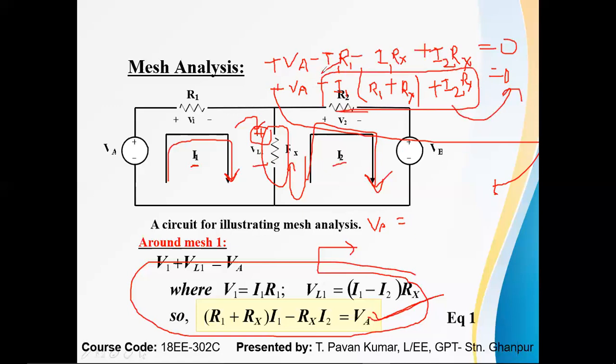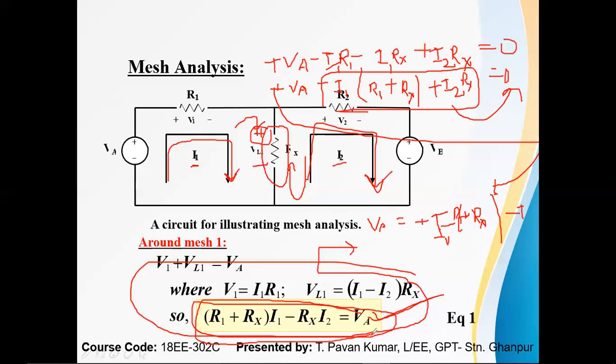It will become a minus, will become a plus, plus I2 plus I1 R1 plus Rx, right? Next minus I2 Rx, same equation we receive, right?